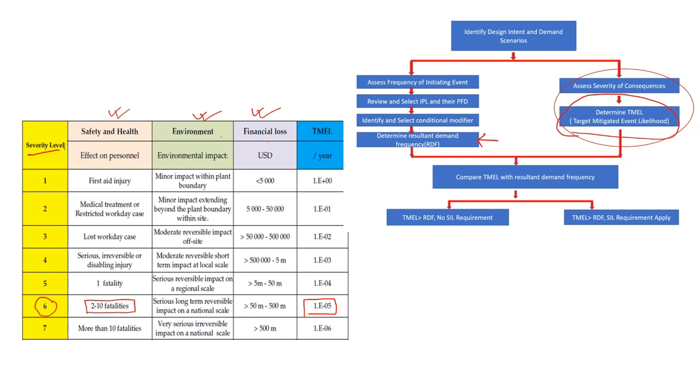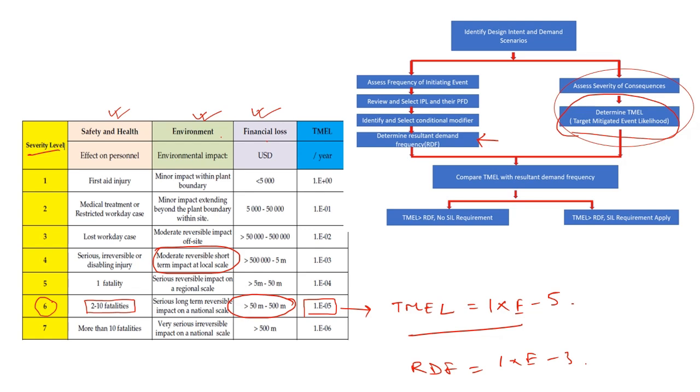And we have environment that is like this one, and we have financial, this one. So overall, we can then say that our TMEL will be 1E minus 5, right? So we have now RDF, which is 1E minus 3. This is our RDF, and this is our TMEL.